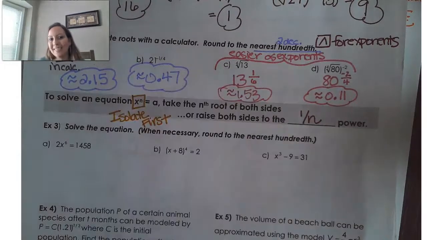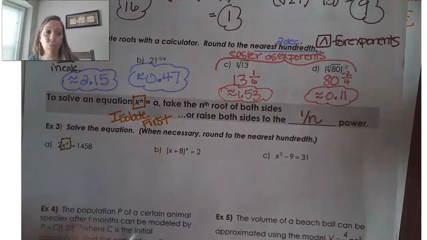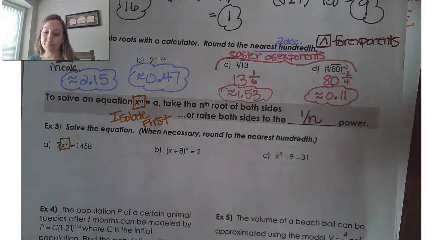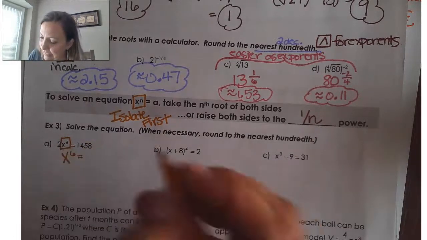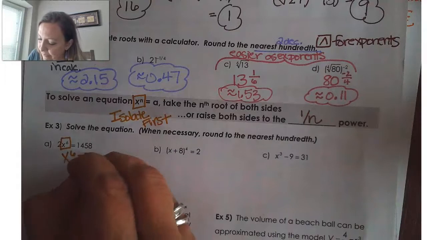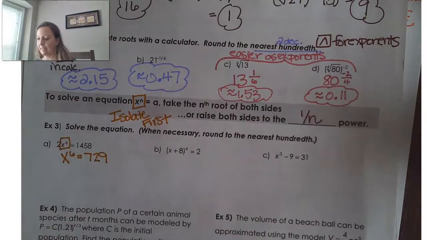I need to isolate the x to the 6th first, which means what would I do to both sides? Divide by 2. So I would end up with x to the 6th equals, what is that, 729? Okay, so x to the 6th equals 729.